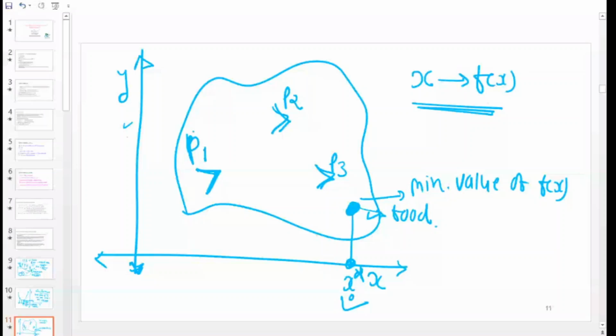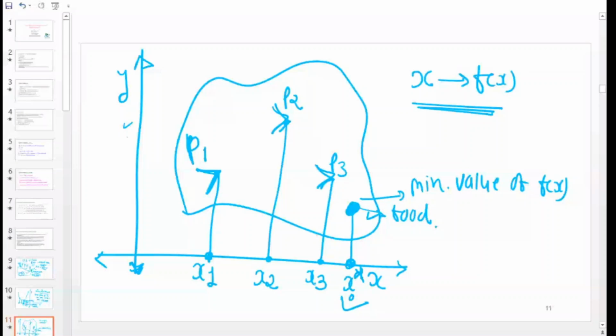So I have considered the three particles P1, P2, and P3. Corresponding to the P1 particle, let us say the x value is x1. Corresponding to P2, the x value is x2, and corresponding to P3, the x value is x3.